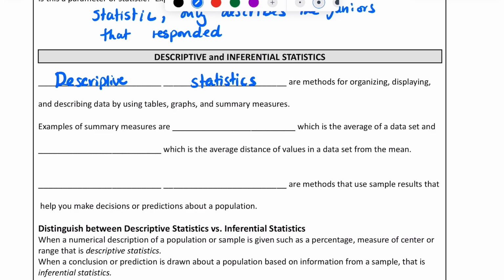So descriptive statistics are going to be methods for organizing, displaying, and describing data by using tables, graphs, and summary measures. Examples of summary measures are going to be the mean, which we will also use as the Greek letter mu, pronounced mu, which is the average of the data set, and also the standard deviation.